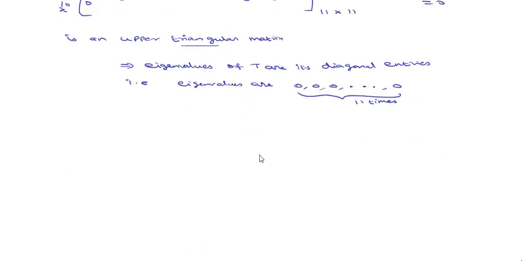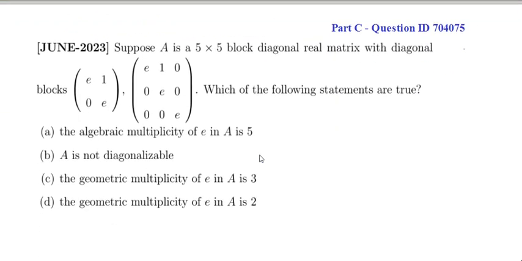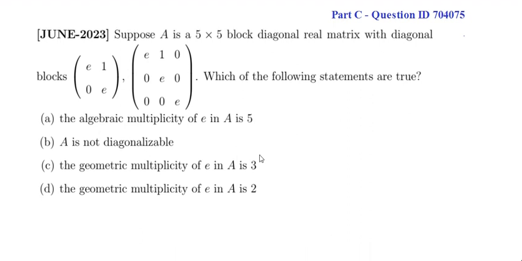So now let us see the next problem. This problem is related to the algebraic multiplicity and geometric multiplicity. The given problem involves the matrix A, which is a 5 by 5 block diagonal real matrix with the diagonal blocks [E 1; 0 E] and [E 1 0; 0 E 0; 0 0 E].